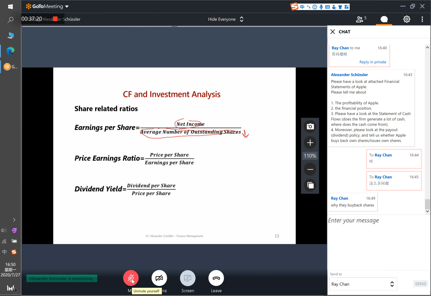Or if net income increases, as in the last year, then earnings per share does not decrease as fast, because you have a lower number of outstanding shares. Does that make sense?